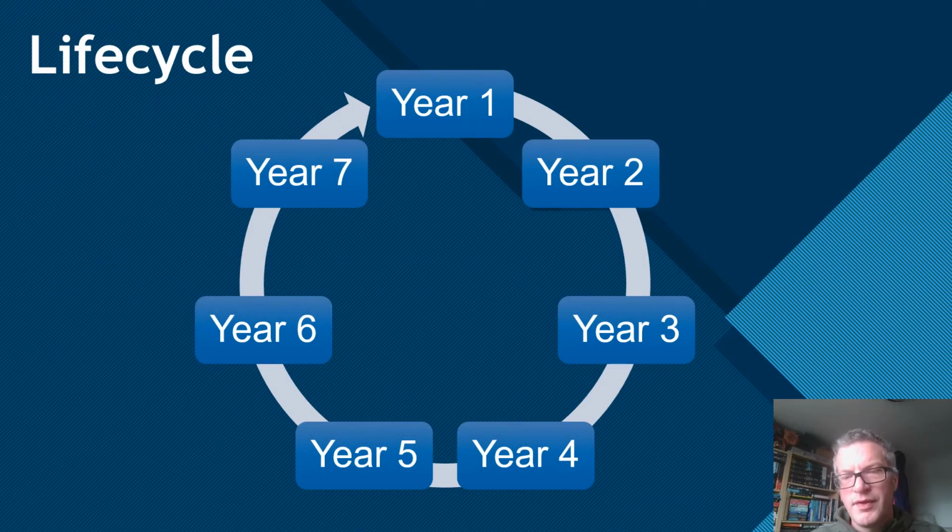Life cycle. Now, one really important consideration when designing a new module is the life cycle of the module. What we want you to think about here is the content that's going to go into this module and making sure that the content within that is stable.